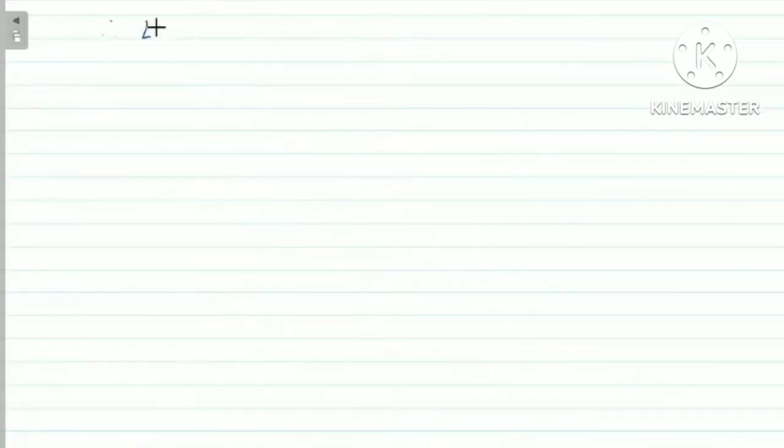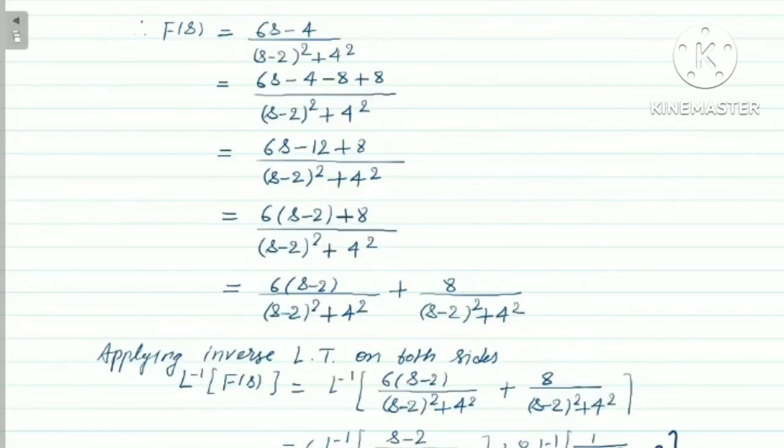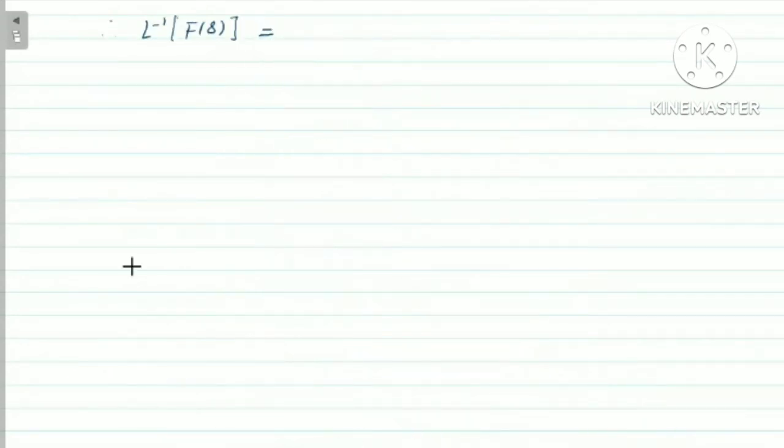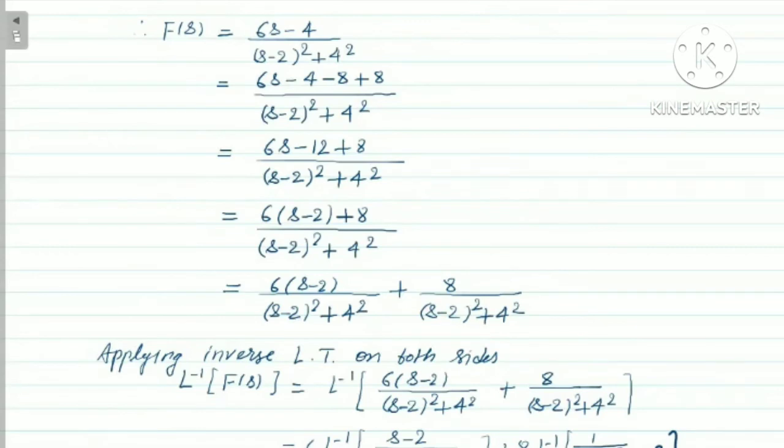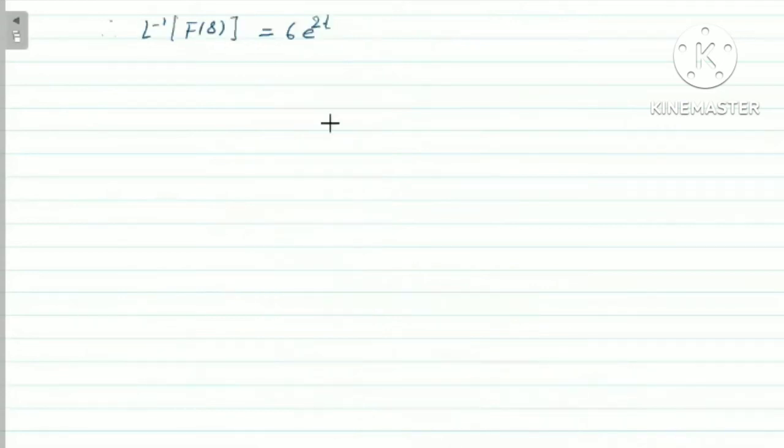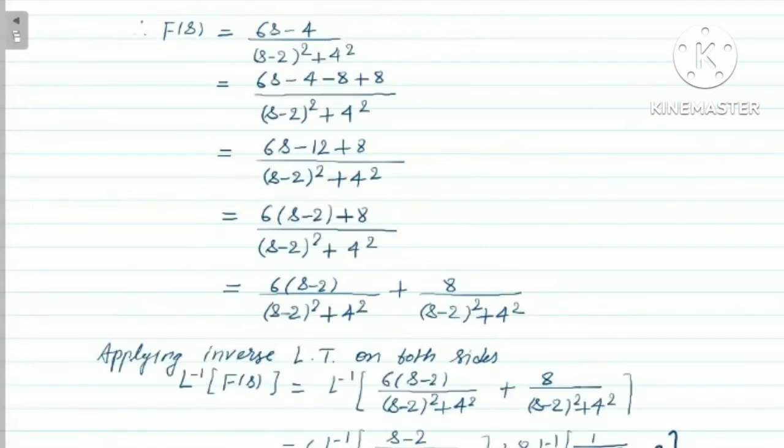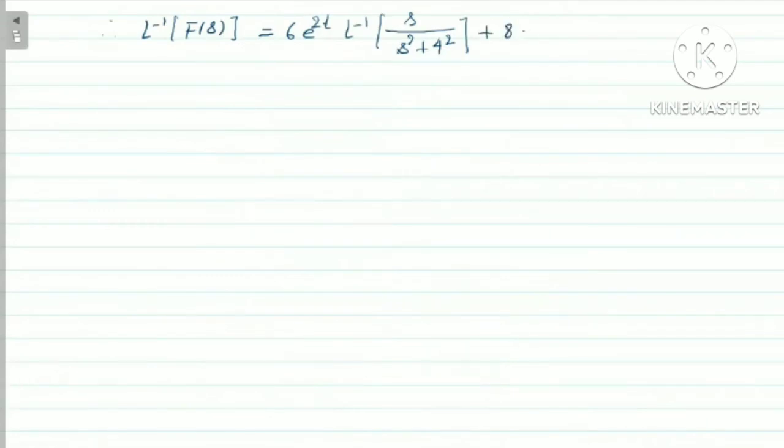So therefore we have L inverse of F(s). This is equal to 6 e raised to 2t, L inverse of s upon s square plus 4 square, plus 8 e raised to 2t, L inverse of 1 upon s square plus 4 square.